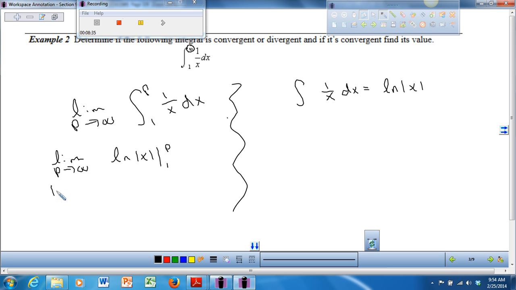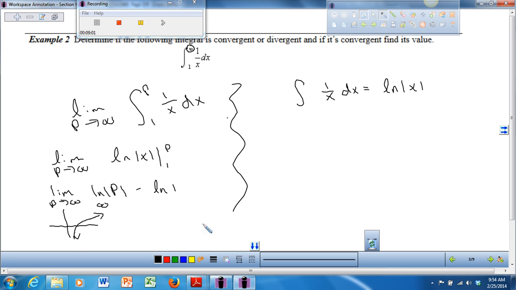So here we get the limit as p approaches infinity, the natural log of p, or the absolute value of p, minus the natural log of 1. We don't need a limit on the part that we do with the constant. We just need it on the part with the p. So, what happens as p approaches infinity on the natural log curve? Goes to infinity.